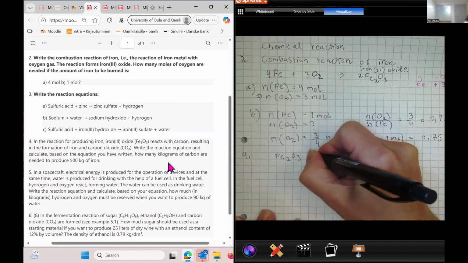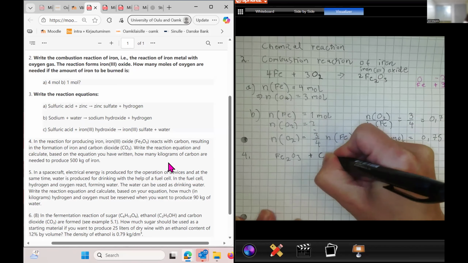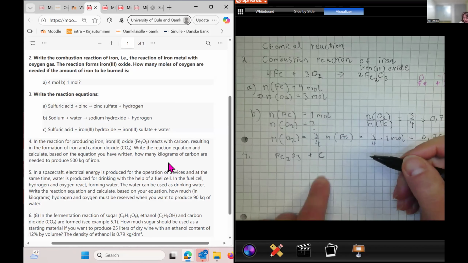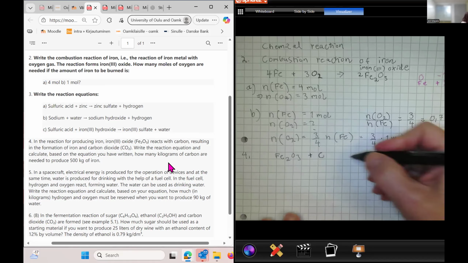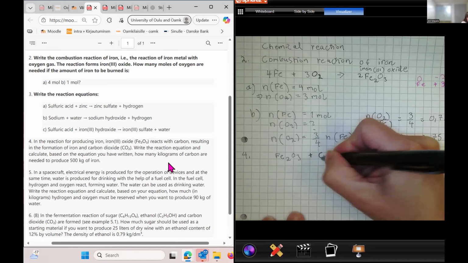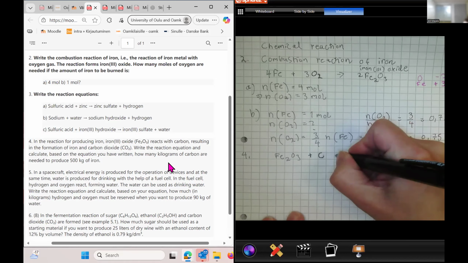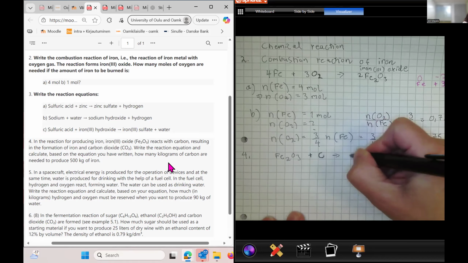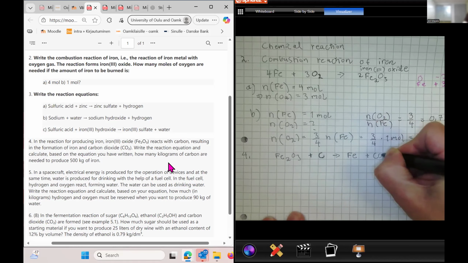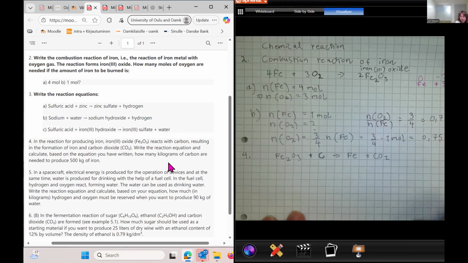I can put carbon as just C there. And I form carbon dioxide and iron, of course. So the iron is what I wanted, and as a side product, I also get the carbon dioxide.